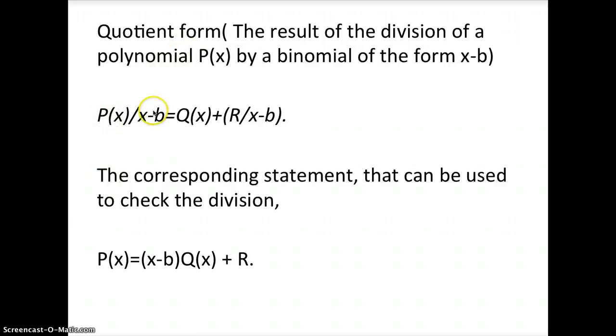P(x) divided by x minus b gives a quotient and a remainder divided by the divisor. The corresponding statement that can be used to check the division is P(x) equals x minus b multiplied by the quotient, plus the remainder.